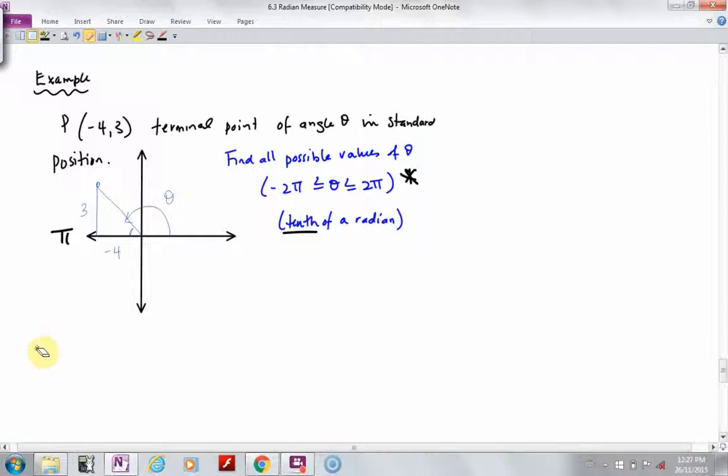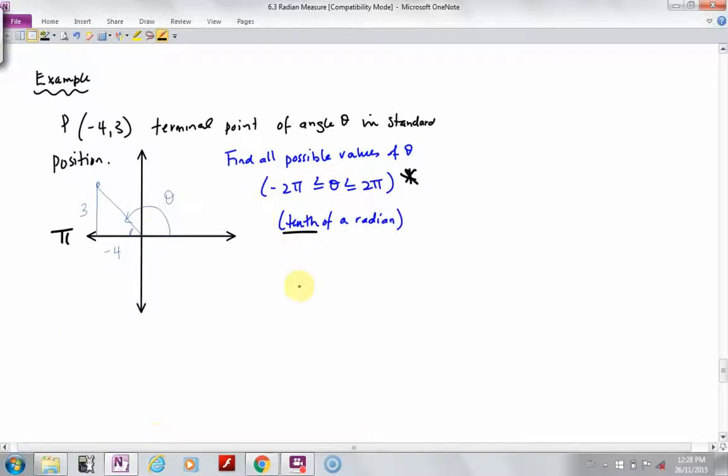How am I going to figure out what theta is? How would I figure it out if it was in degrees? What would I do? Any ideas? Yeah. You'd find the reference angle and subtract it from 180.